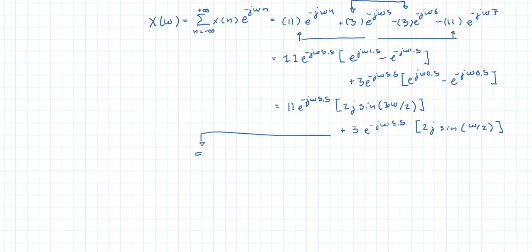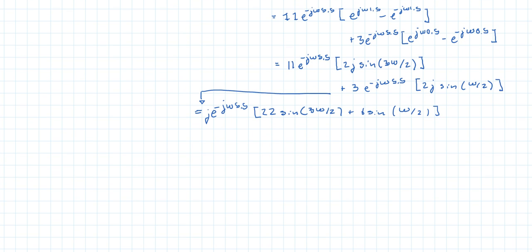So we would have j e to the minus jω5.5 times 22 sine of 3ω over 2 plus 6 sine of ω over 2. And that would be in exponential form. So this is your P(ω).